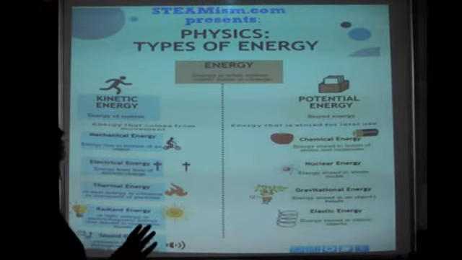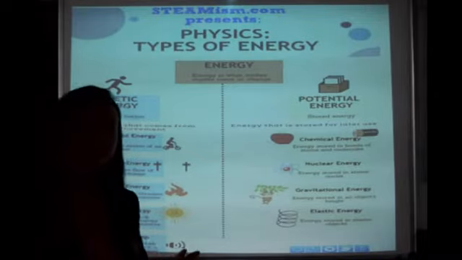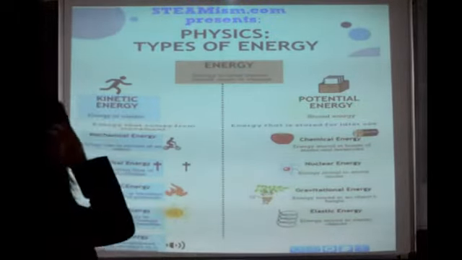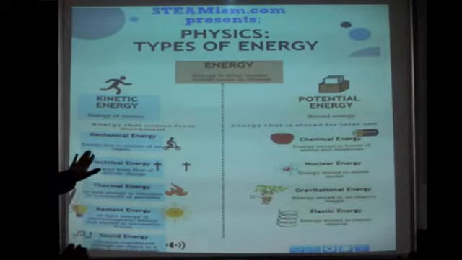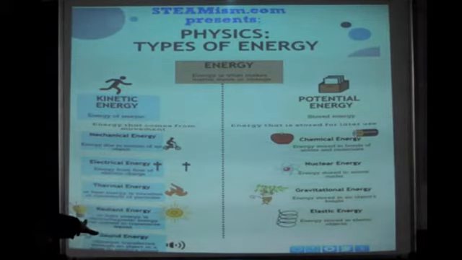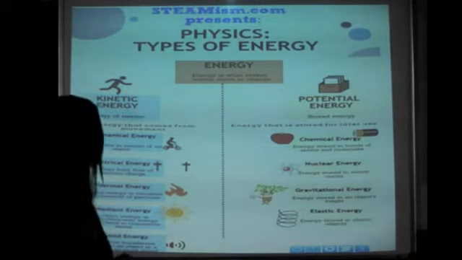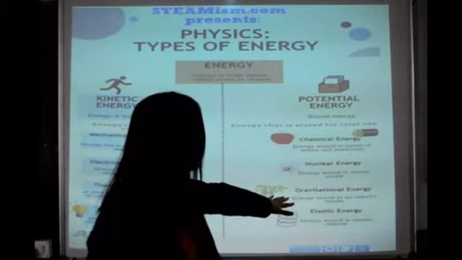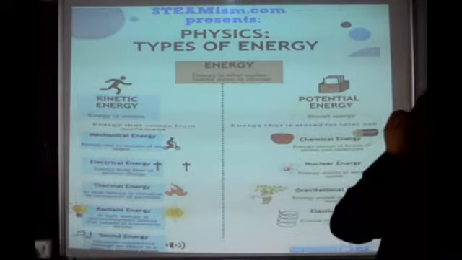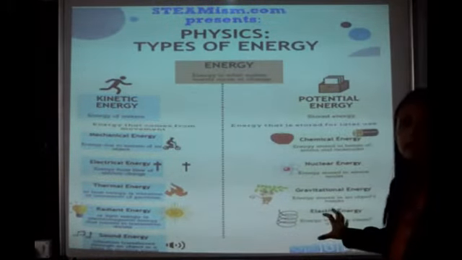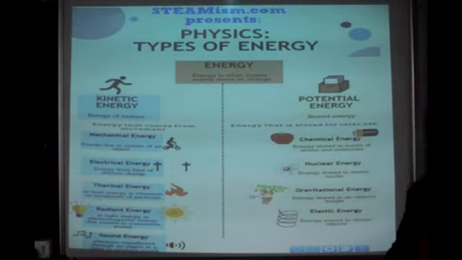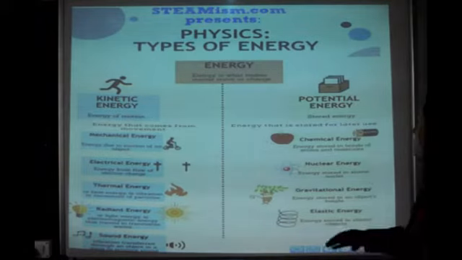Now, types of energy. So I told you they can be categorized into two types. One is kinetic and potential actually. So which are the energies which fall in kinetic? Mechanical energy, electrical energy, thermal energy, radiant energy, sound energy. Then potential: chemical, nuclear, gravitational and elastic. We don't need elastic energy, which is also a form of potential energy only, okay? So chemical energy can also be considered to be a form of potential energy.